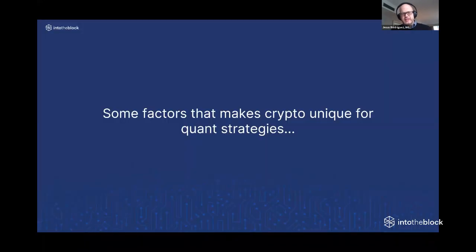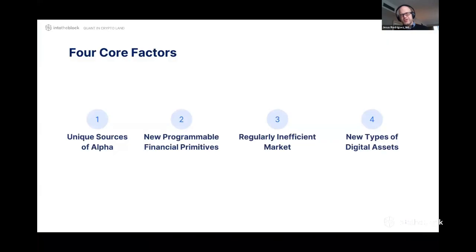So with that, let's start with the session today about quant strategies for crypto. The first thing to understand when thinking about quantitative strategies for crypto assets is what makes it unique. There are many factors that make quant strategies for crypto different from traditional capital markets, but most of them could be boiled down to four fundamental elements, four fundamental vectors.